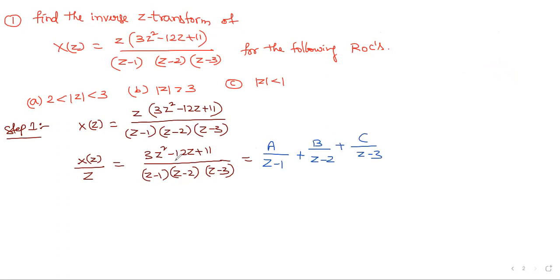Now you need to find the A, B, C values. 3z square minus 12z plus 11 is equal to A into z minus 2 into z minus 3, plus B into z minus 1 into z minus 3, plus C into z minus 1 into z minus 2.